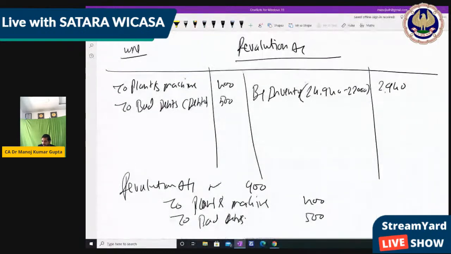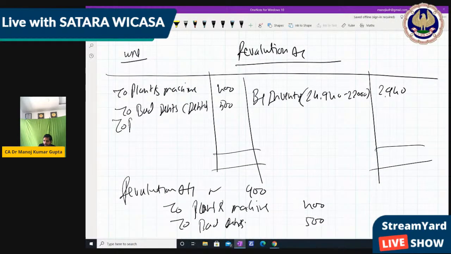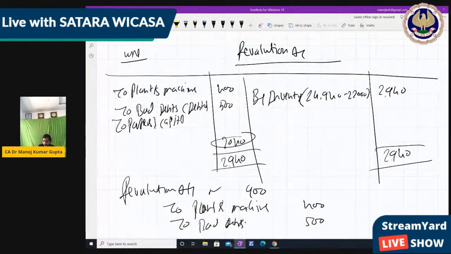Right. Now whatever the net profit will be, it is transferred to the partners' capital accounts. You can calculate the net profit: 2,040. In the partners' capital account we had mentioned already, only you have to write A and B. A share is 3 and B share is 1, the old PSR, right? 2,040 divided by 4 is 510. 510 into 3 is 1,530.